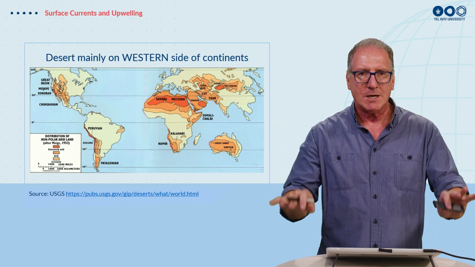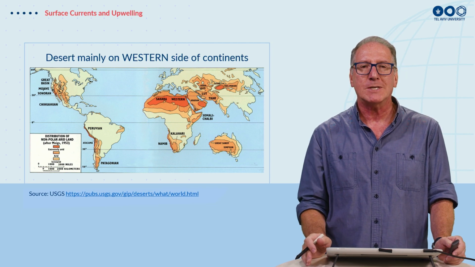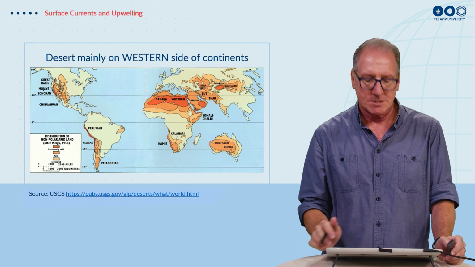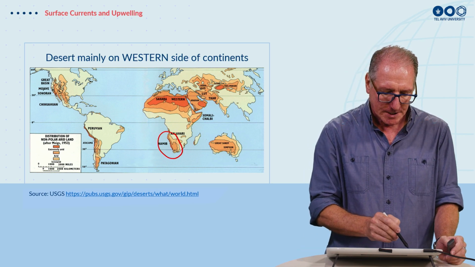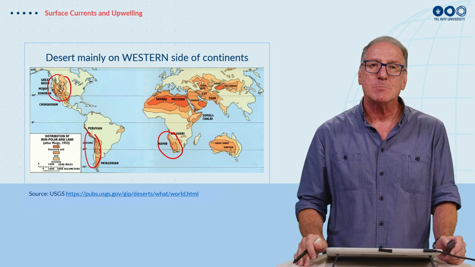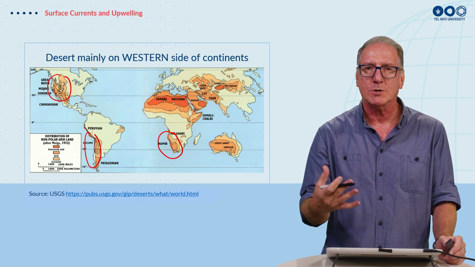And so we have the sinking air at 30 degrees. But if you look a little carefully here, you'll see that most of the deserts are again on the western side of the continents. If we look at the Namib and the Kalahari, here in Patagonia, also in the United States. And this is because we have another factor which is affecting the desert, and that's the cold ocean currents.